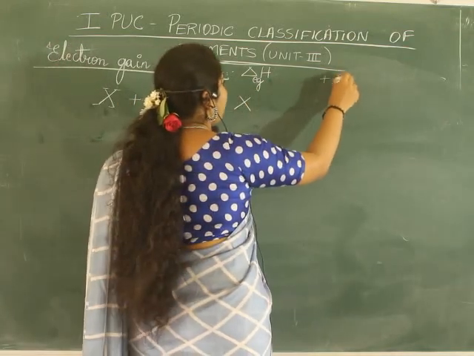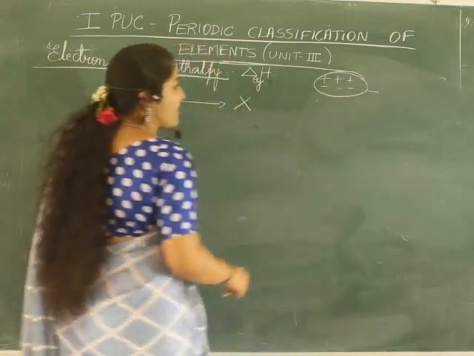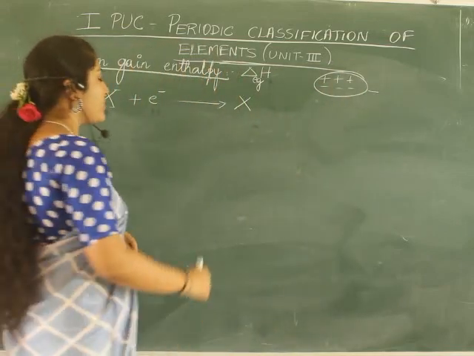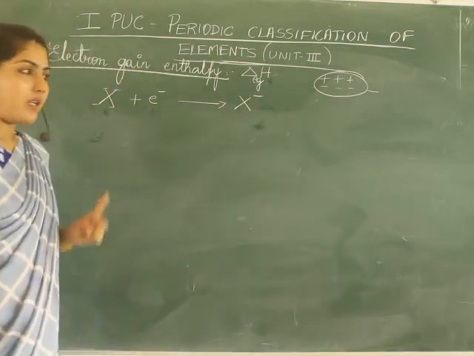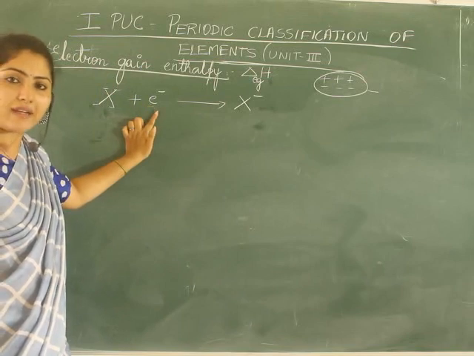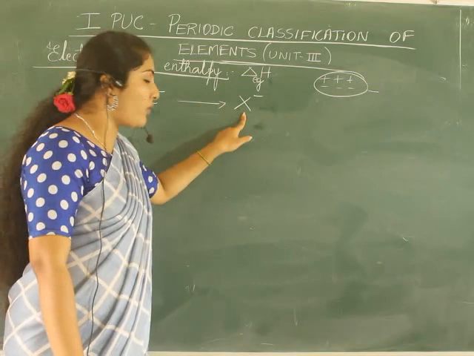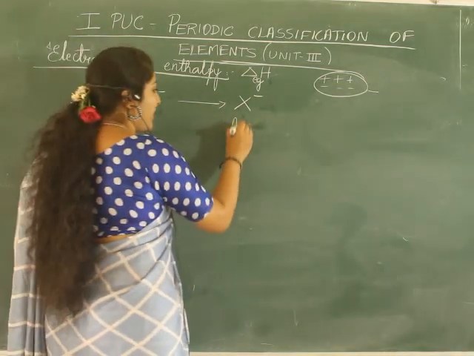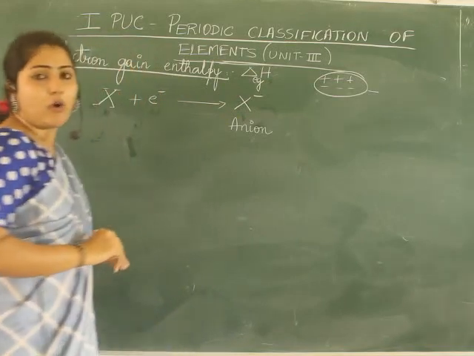Earlier all the charges were balanced, but now one extra charge has been added, an electron. So we denote that extra charge this way. Now you understand why I have written electron on the left hand side, that means on the reactant side, because electron has been added. And what is formed? Anion has been formed.